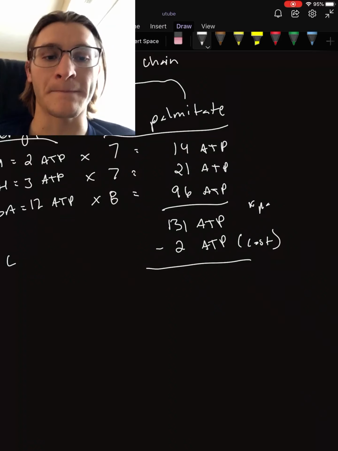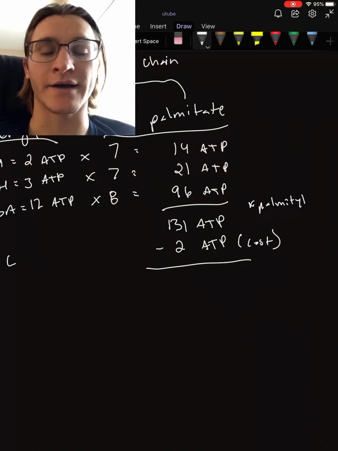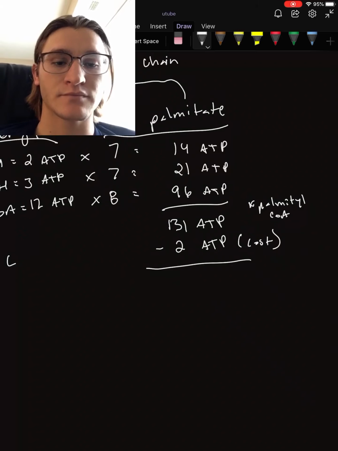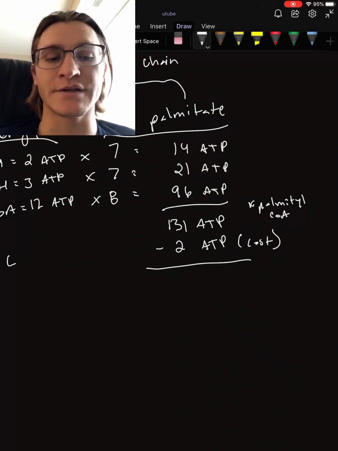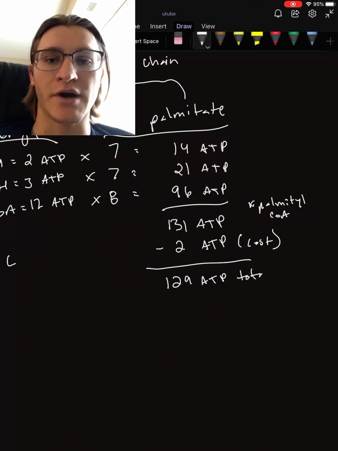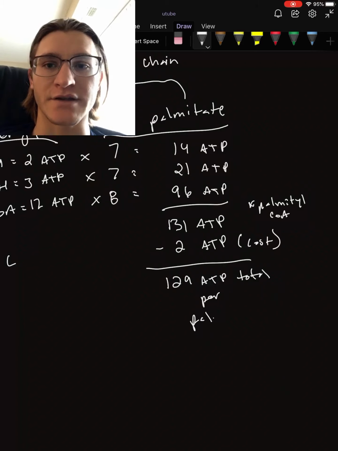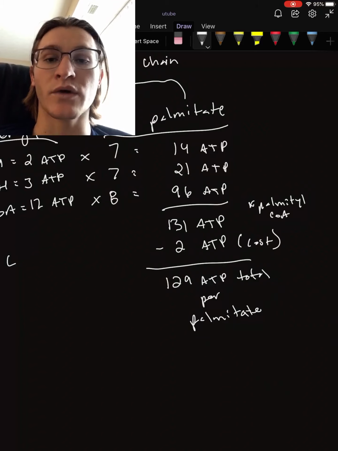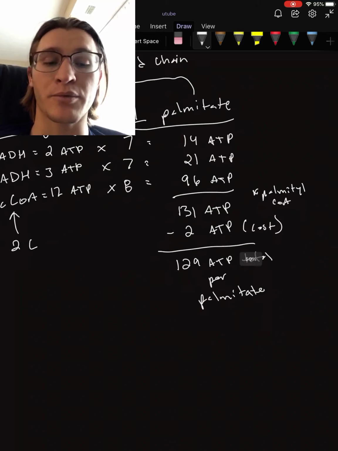So our total bundle is 129 ATP. And once again, it costs us 2 ATP to make our palmitoyl coenzyme A, which is just something to know. I didn't really talk about that before. So we get 129 ATP total per palmitate.